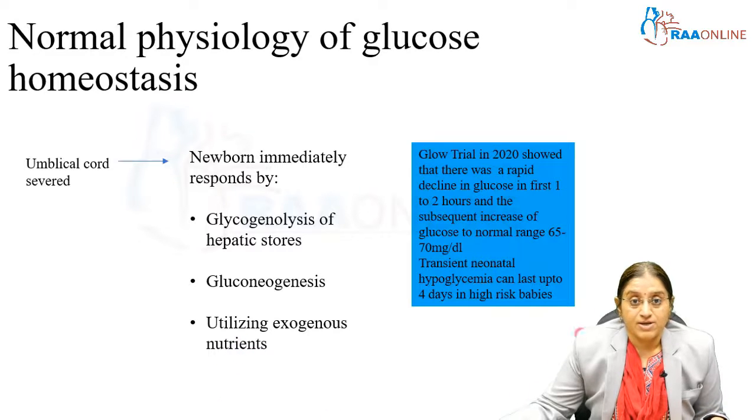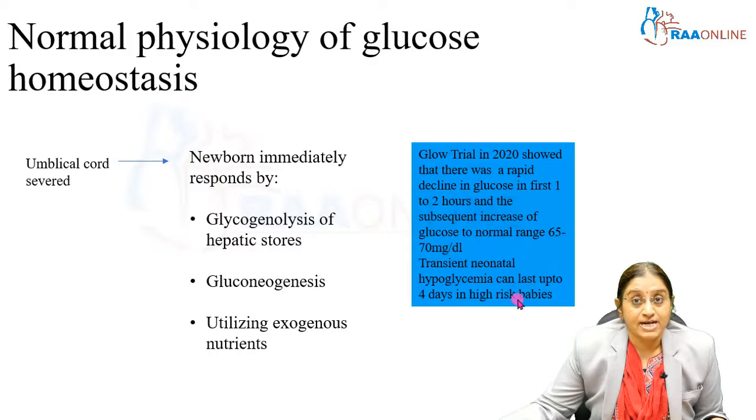As the mother starts feeding the baby, the baby starts getting more of the glucose supply. This was studied in the GLOW trial, where they looked at normal newborns and newborns at slightly higher risk, with no significant congenital disorders. This trial was done in 2020 and it showed that though the baby tries to get its glucose supplies by glycogenolysis and gluconeogenesis, in the first 1 to 2 hours there can be a rapid decline in blood glucose levels, and subsequently the glucose increases to the normal range of about 65 to 70.